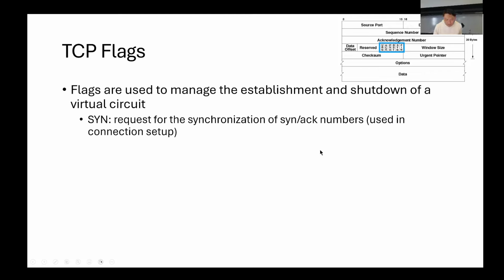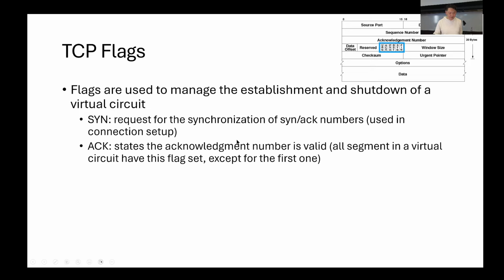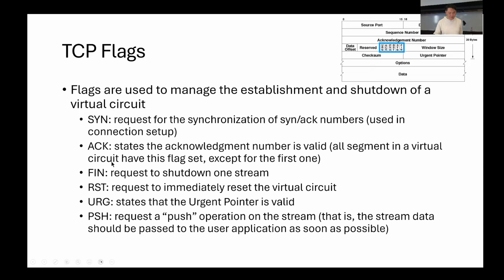What are TCP flags? There are six flags. The first ones are SYN, ACK, FIN, RST, URG, PSH. SYN is the first segment in the three-way handshake, right?